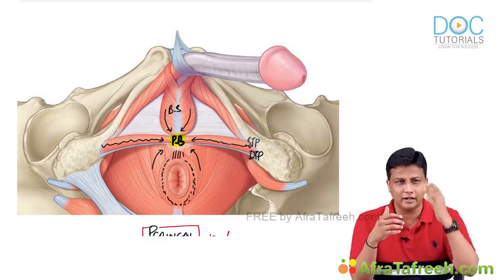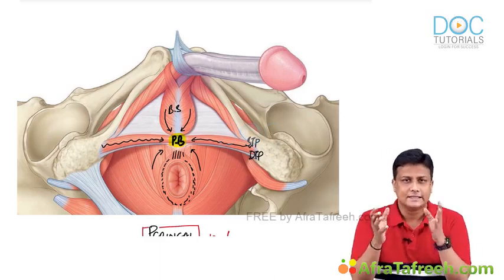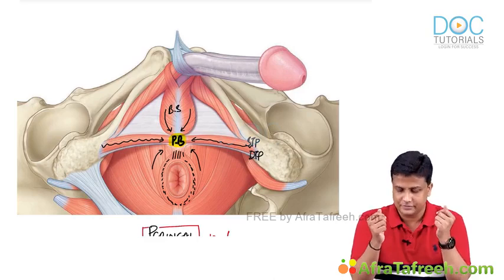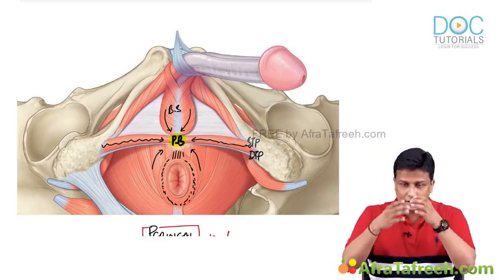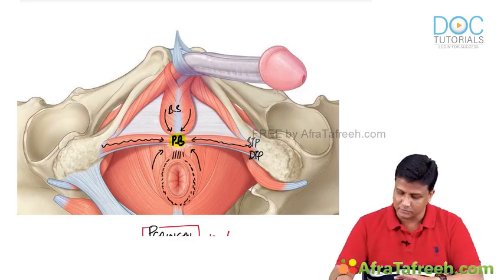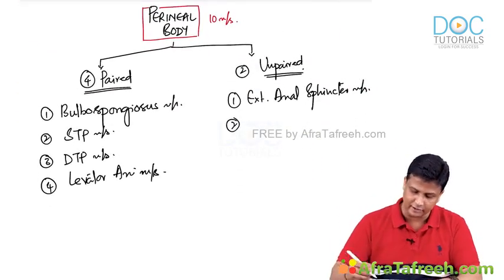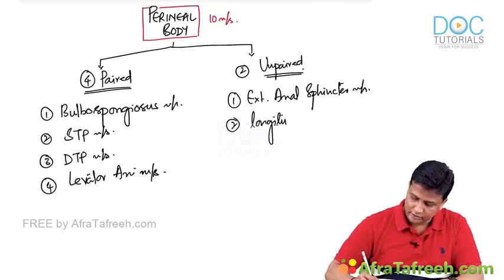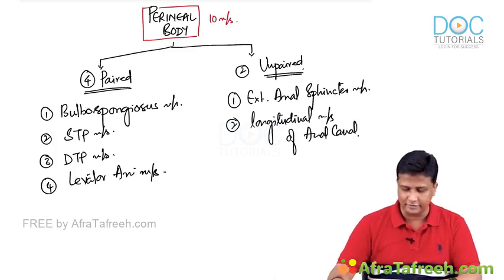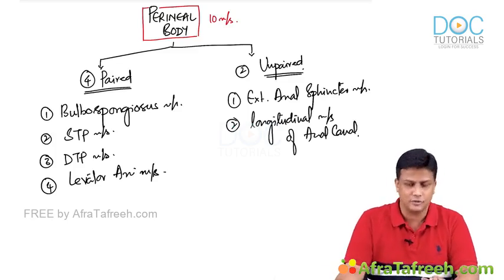We have been learning that throughout the GIT there will be circular muscles and longitudinal muscles. Similarly, inside that anal canal you'll have the longitudinal muscle, and those longitudinal muscles will also meet at the perineal body. So the last and final one, longitudinal muscles of anal canal. And yes, my dear friend, that is also an unpaired muscle.